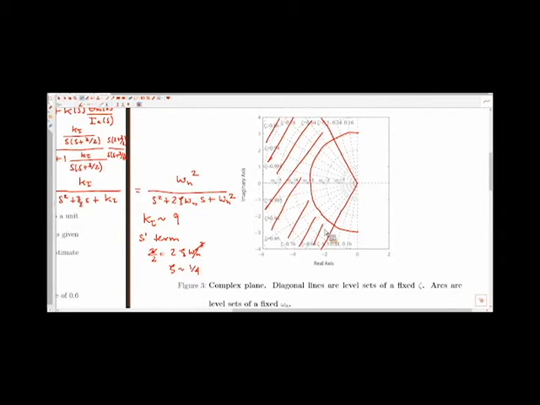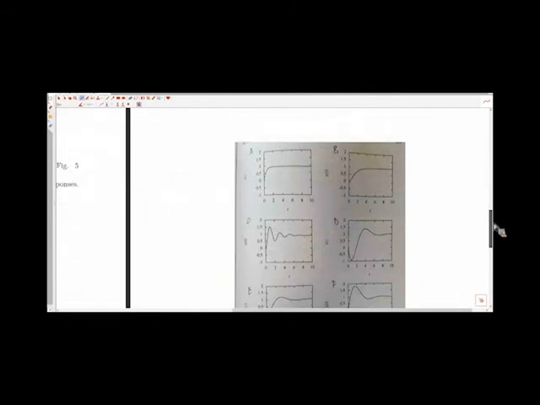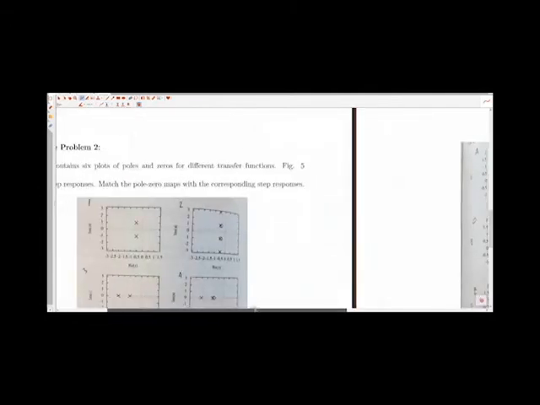Okay, any questions on that problem before we move to a different one? Okay. So the next problem is getting to the relationships between second order underdamped systems and what happens when we start to add poles and zeros to the system.